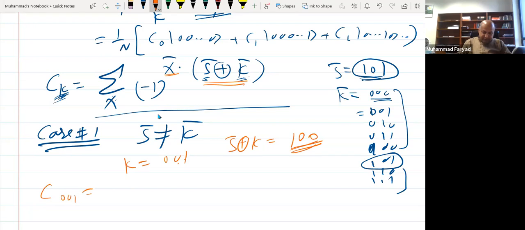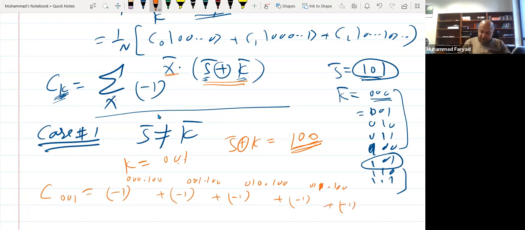C001 is, in the first term, minus 1 power 000 dot 100, in the next term minus 1 power 001 dot 100, plus minus 1 power 010 dot 100, plus minus 1 power 011 dot 100, plus minus 1 power 100 dot 100, and so on.